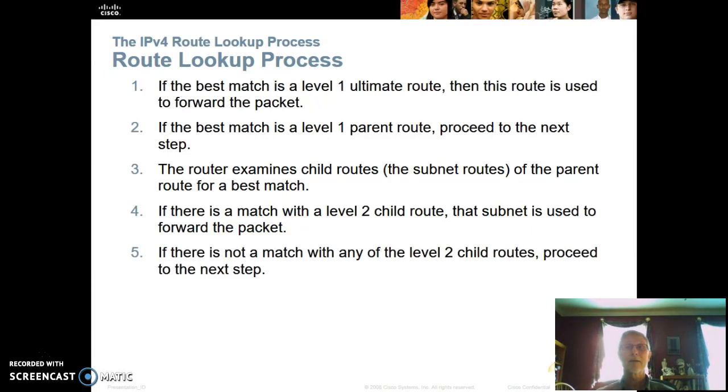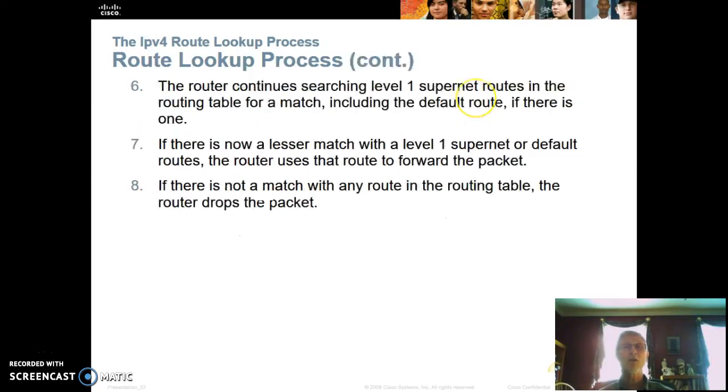So if I'm looking at the process of how to route a packet, first I'm going to say if the best match is the level 1 ultimate route that is connected, I'm going to forward that one. If it's a parent route, then I'm going to go down to look at the child routes, the level 2 routes, and I'm seeing which is the best match. If there's a match with a level 2 child route, that subnet is used to forward the packet. If there's no match, then I have to continue on.